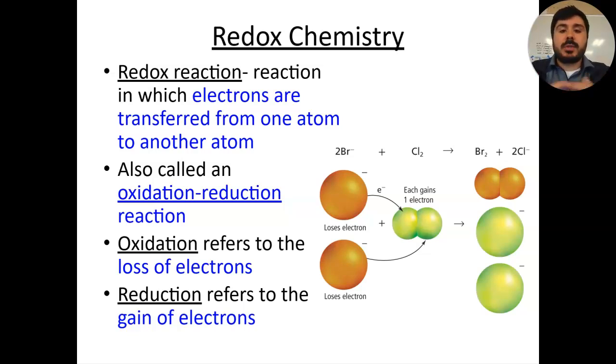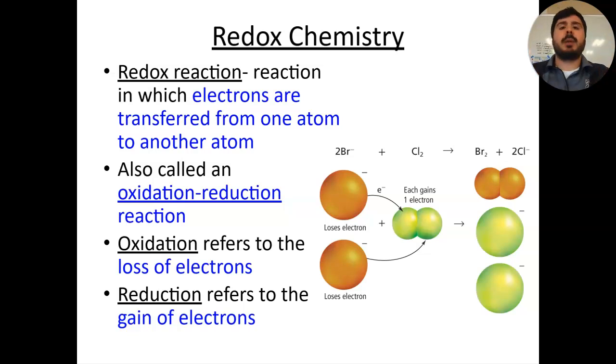Whenever we have some substance undergoing oxidation, it's a representation of that substance losing its electrons. So if it undergoes oxidation, it loses electrons. The opposite of that, if a substance is gaining electrons, means it's undergoing reduction. Now that might not make a whole lot of sense right here. Obviously reduction usually tends to mean we're losing something.